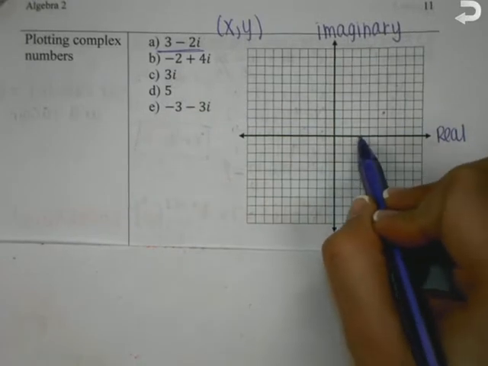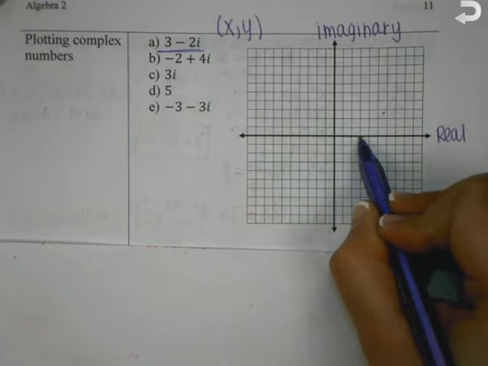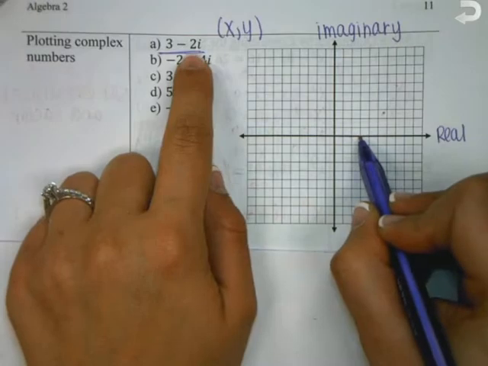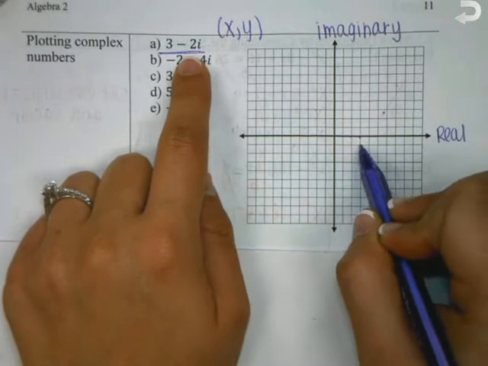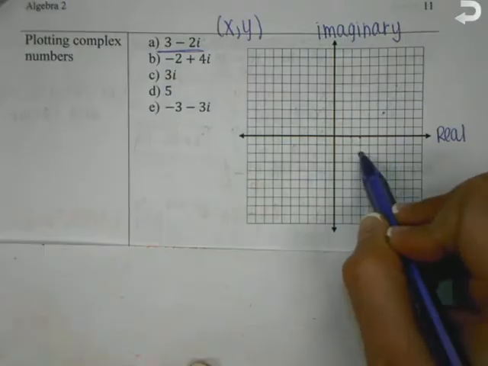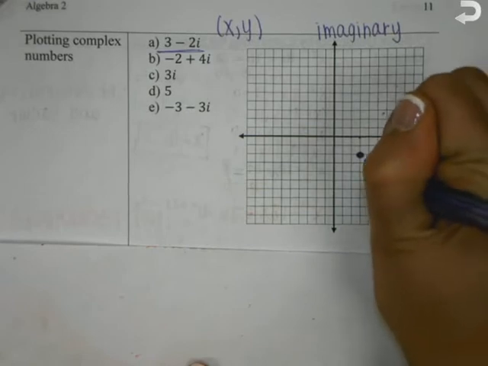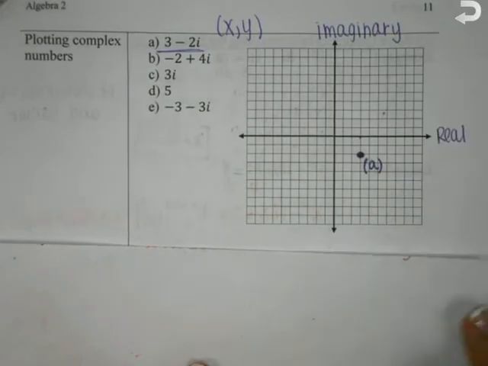And that's my point. And that's all there is to it. So before we had x, y for regular points. With complex numbers, we can just imagine that there's a comma right there and we graph the same way.